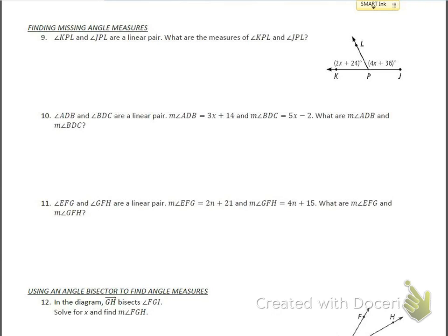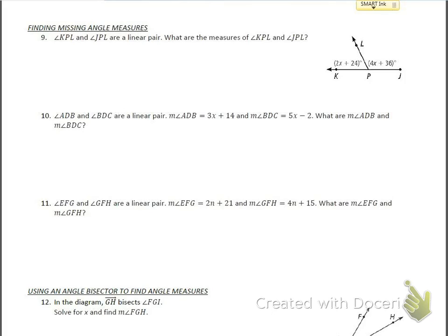So I give you the diagram in this one, and here's another thing that I want you guys to practice, especially on your homework tonight. Notice how on number 9 I give you the diagram, but on 10 and 11 I did not. It is your choice to draw a diagram or not on some of these problems. You do not always have to. However, sometimes it helps. So some people are visual and some are not as visual.